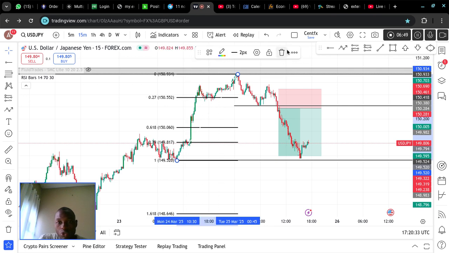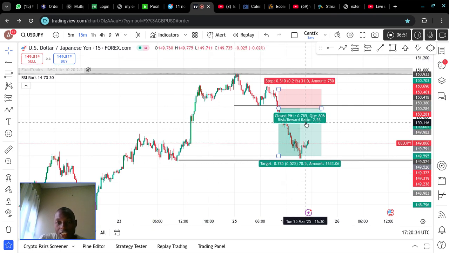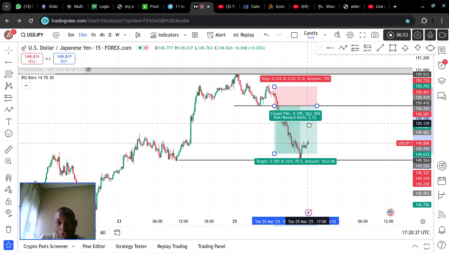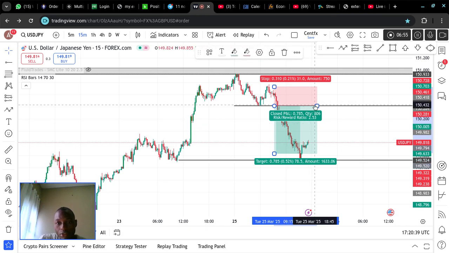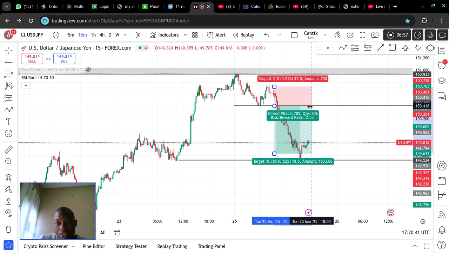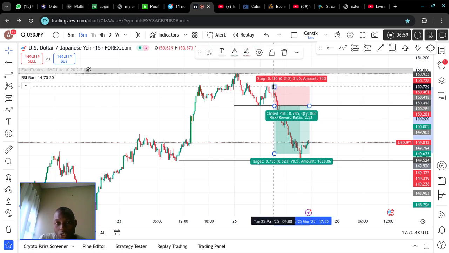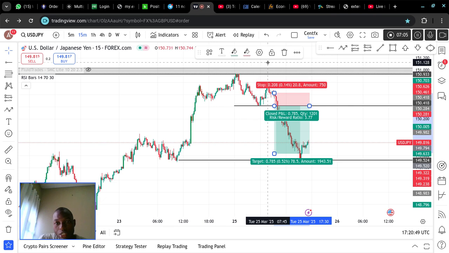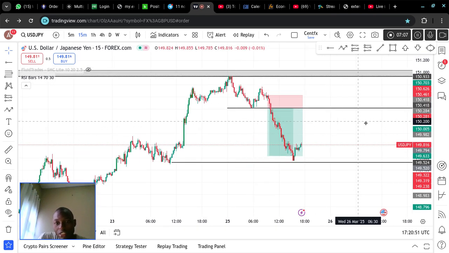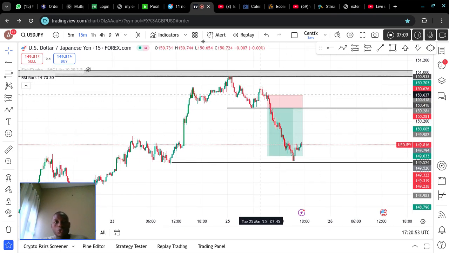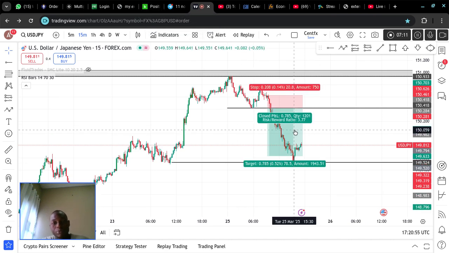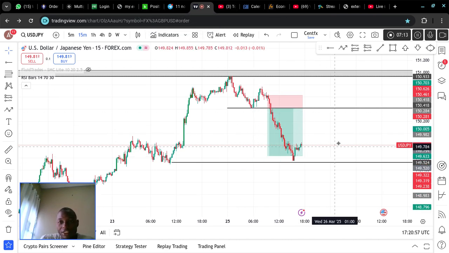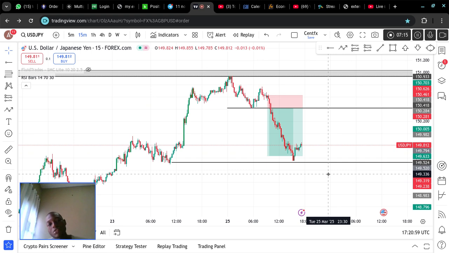So I took my entry from this point, about 2 hours in, and my stop loss was about 20 pips. This was the entry. So the market finally moved, and here is the result.